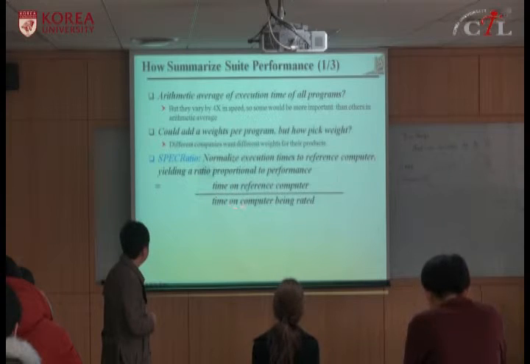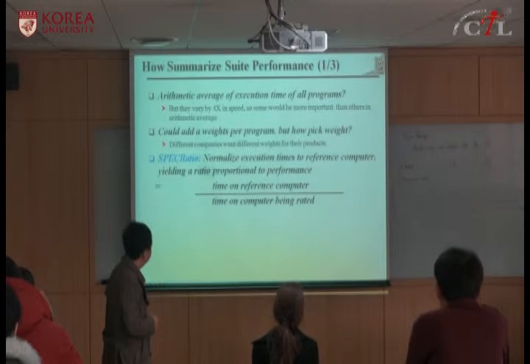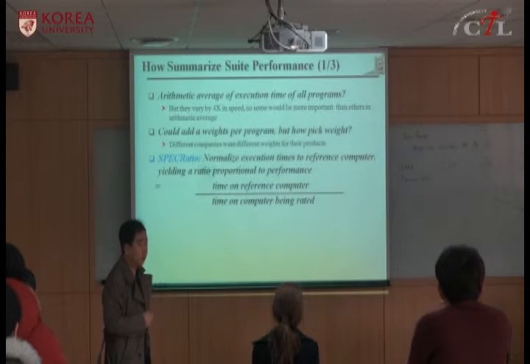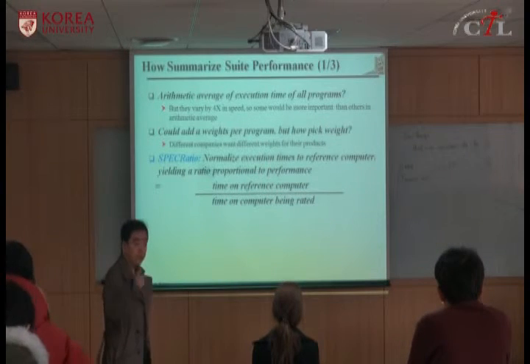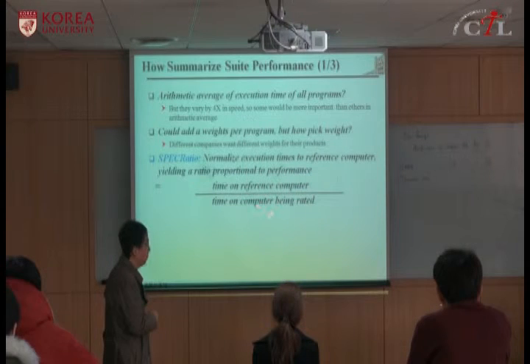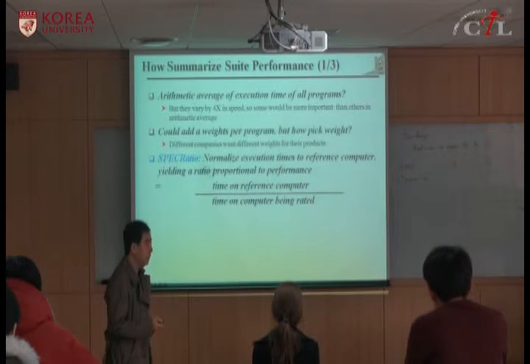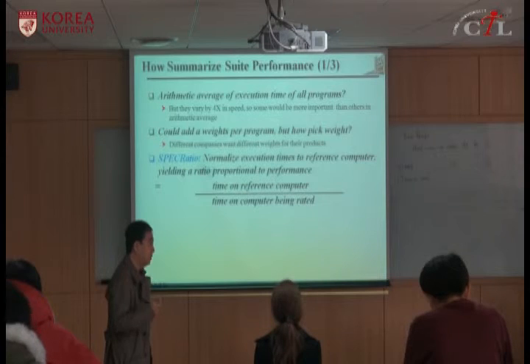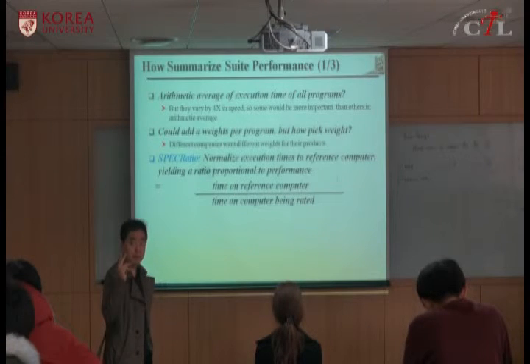You measure the execution time on the reference computer and on the machine, and this ratio gives you the SPEC ratio. So the reference machine should be relatively 1 or 100, depending on the benchmark suite, right? You measure the execution time on the reference as 1 second. You measure the execution time on your machine as 0.5 second. Then your performance should be 2, right? Because the execution time is only half. Okay?